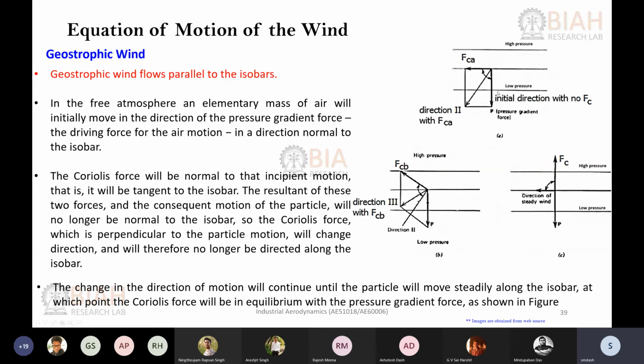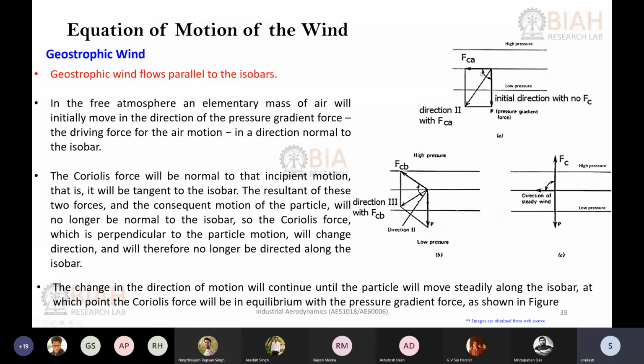Now what happens when the wind starts to flow along this direction, higher to lower? The Coriolis force will start to appear, because we just need to consider these two forces. The Coriolis force will be perpendicular to the wind direction, which is the vertical direction, so it acts perpendicular to that, which is FCA.